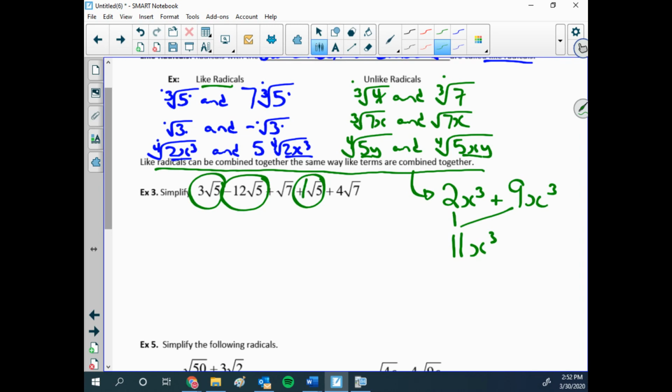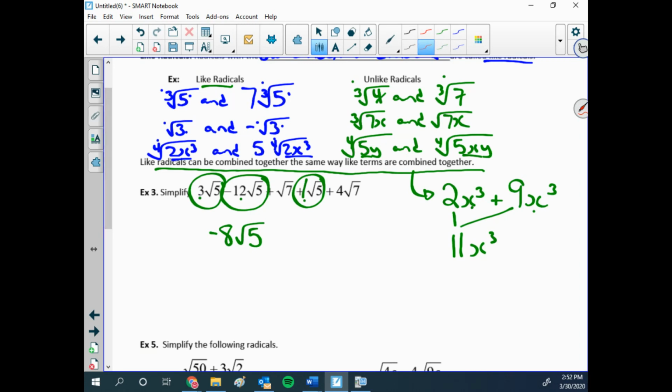So all I would do is add all of those together. 3 minus 12 plus 1 gives me negative 8 root 5. So the coefficients just come together, and my radical stays the same, the way it happens with polynomials.